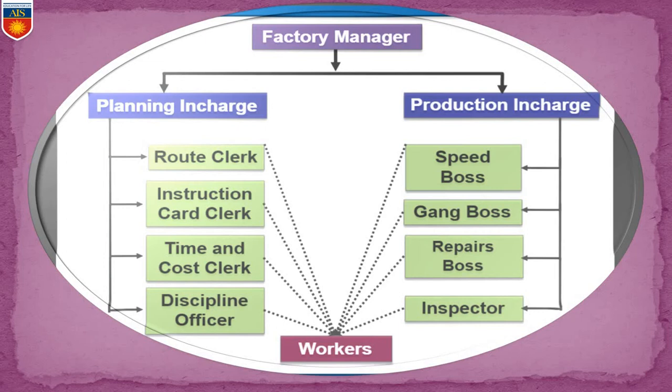Workers should keep the machines in perfect order by taking proper care and performing maintenance activities like regular oiling and checkups. The last one in this section was the inspector. He ensured that the work is done according to the standards laid by the planning in charge.